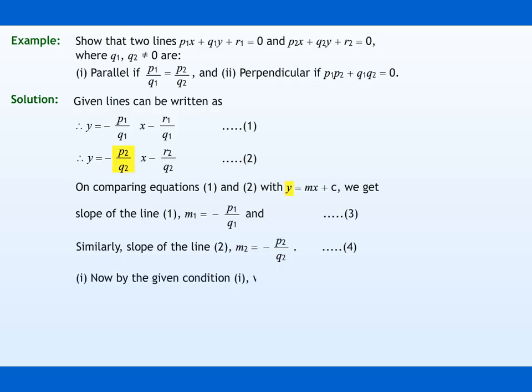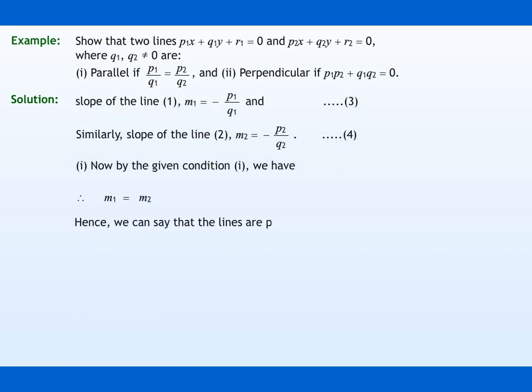Now, by the given condition 1, we have P1 upon Q1 is equal to P2 upon Q2. Multiplying both the sides by minus 1, we get minus P1 upon Q1 equal to minus P2 upon Q2. Therefore, by 3 and 4, m1 is equal to m2. Hence, we can say that the lines are parallel as m1 is equal to m2, that is, their slopes are equal.